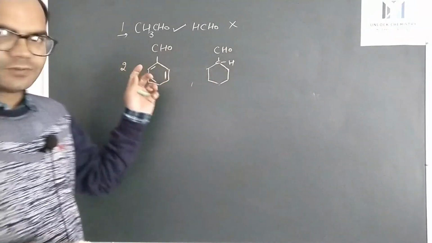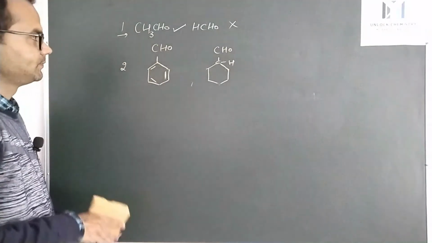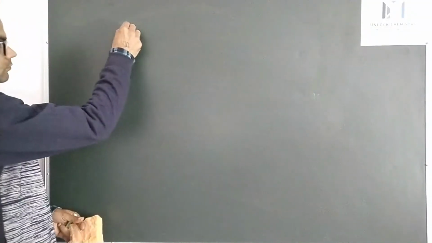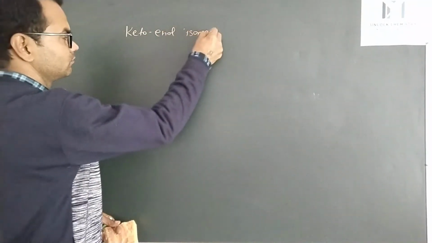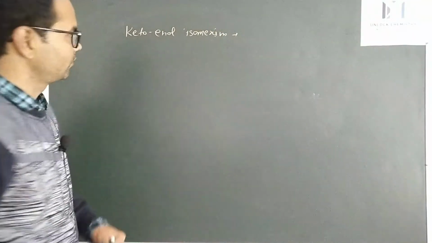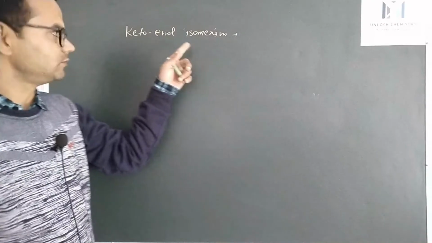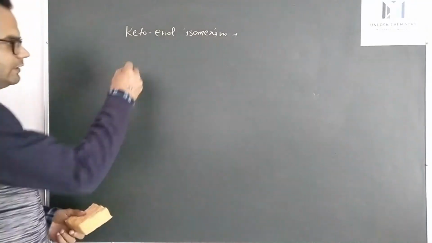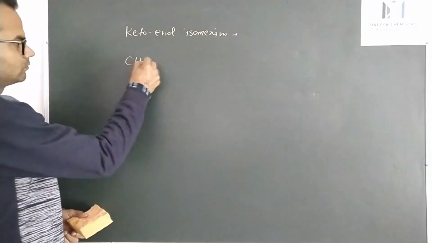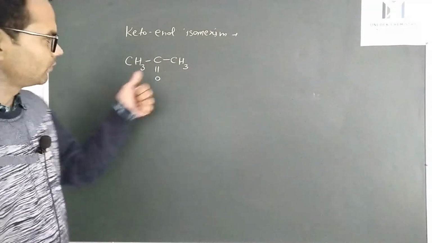Now, what is the mechanism of tautomerism? First important point is types of tautomerism. First is keto-enol isomerism, interconversion of keto compounds to enol. For example, we have acetone.